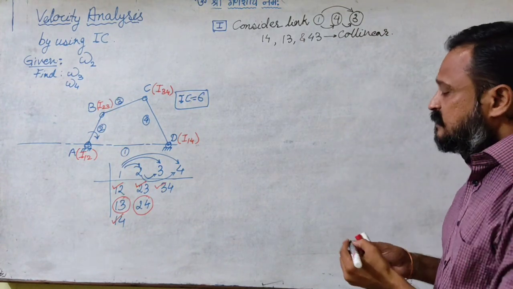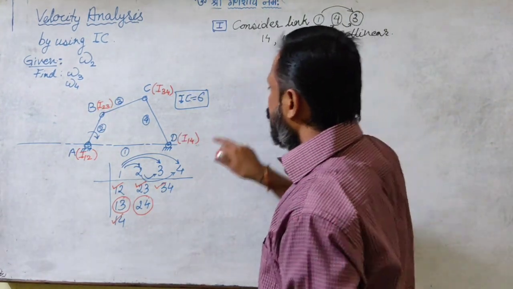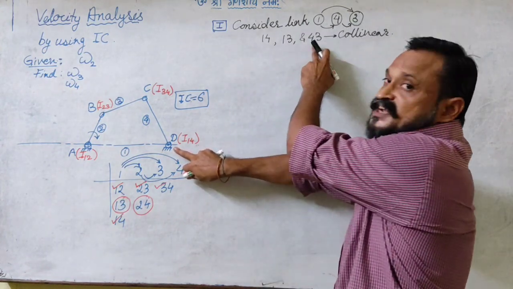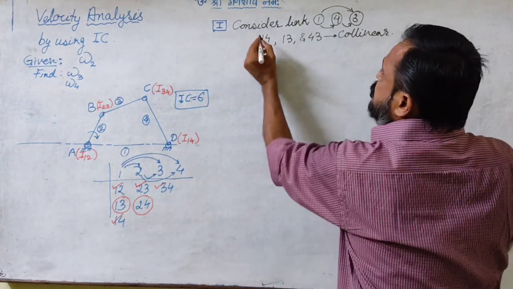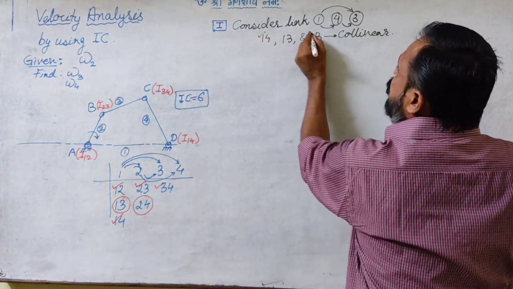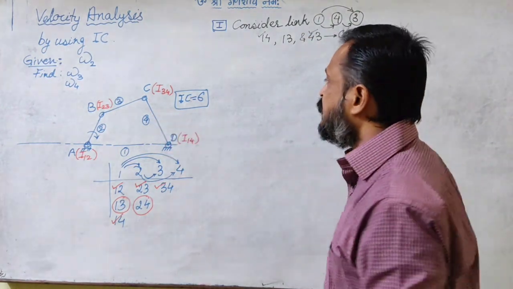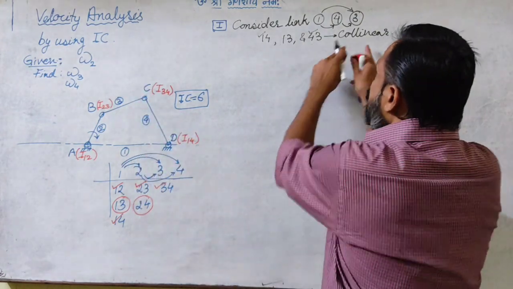Right? So let us go to our configuration diagram. It is saying that this is I14, and I43 or I34 will be the same. We have already located these two instantaneous centers, so they must be collinear.